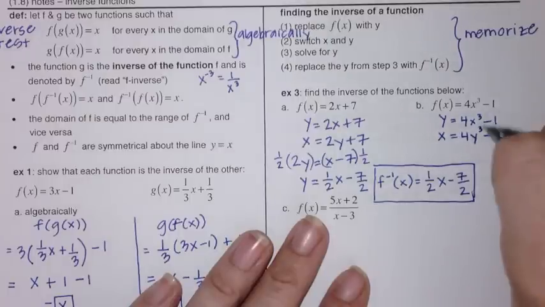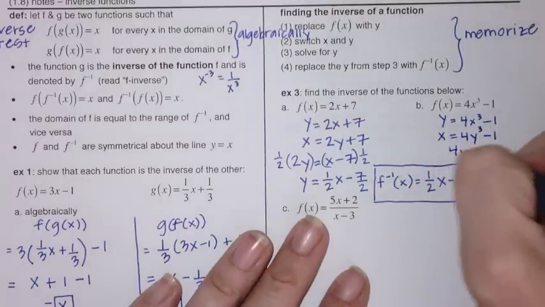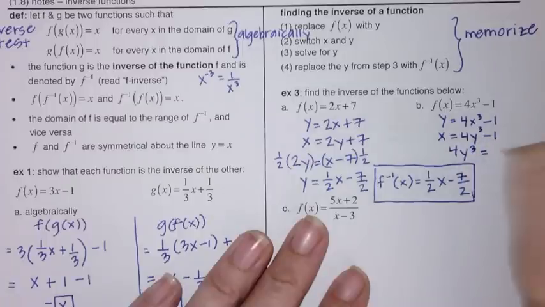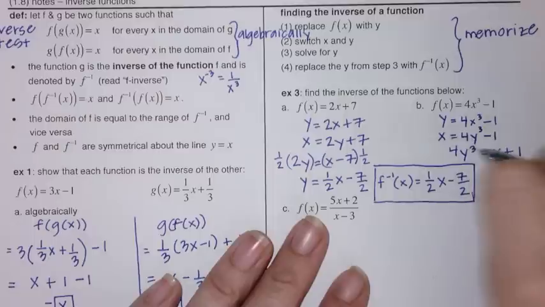Now solve for y. Okay, so 4y cubed equals -x. Let's do it like this. Let's do x plus 1. And then divide by 4 or multiply by 1/4. It's up to you which one you want to do. I am going to multiply by 1/4.